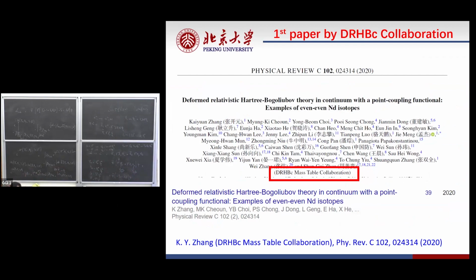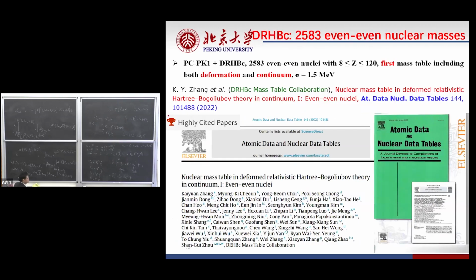So we test all the numerical programs, and this group organizes one online discussion every month, and every year we have a workshop twice per year to bring the people together for discussion.